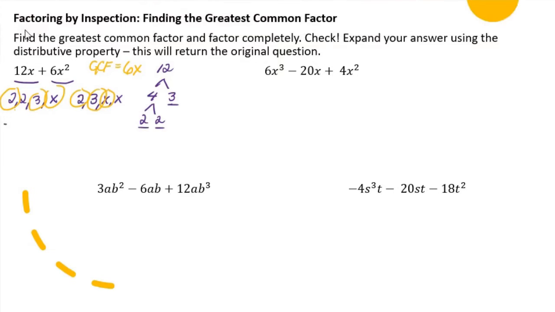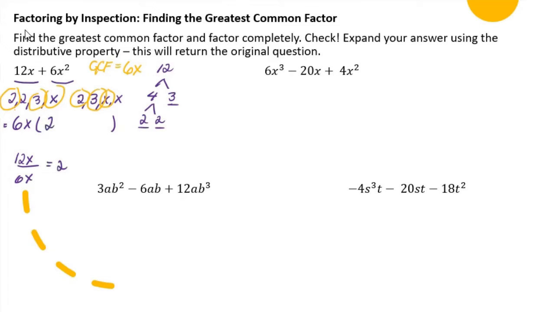Okay, so we write down the greatest common factor first because that's what I'm going to remove from both the 12x and the 6x squared. So what do I mean by removing? I mean I'm going to divide out the greatest common factor. So I'll take my 12x and divide it by 6x. 12x divided by 6x is 2.